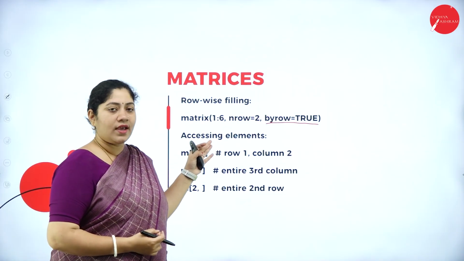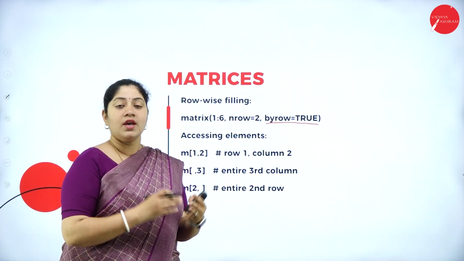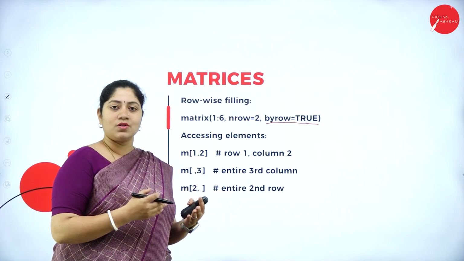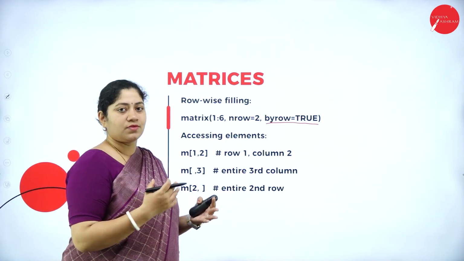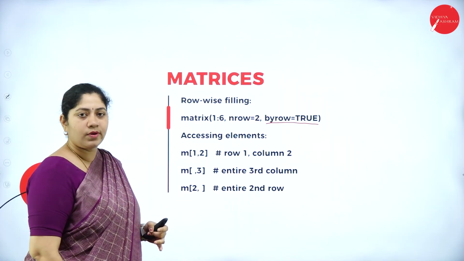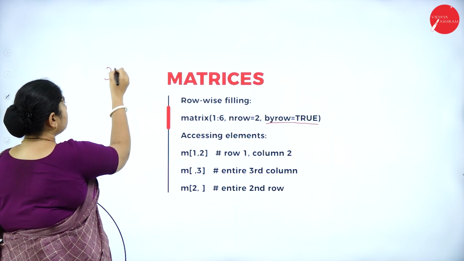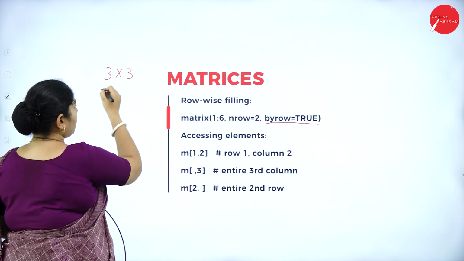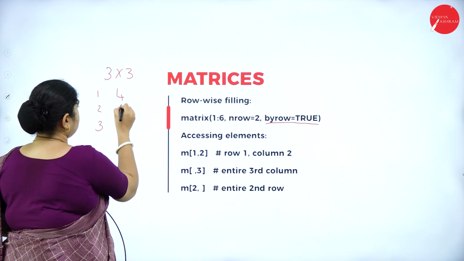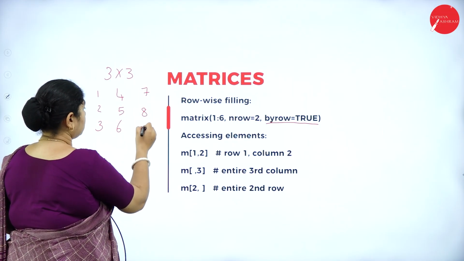Great, right? So next, let's see accessing elements. In order to access the different elements inside the matrix, what is the pattern or the format, or we can say what's the syntax for that. Over here, let's consider an example of a 3x3 matrix so that it will be helpful for us: a 3x3 matrix like 1, 2, 3, 4, 5, 6, 7, 8, 9.